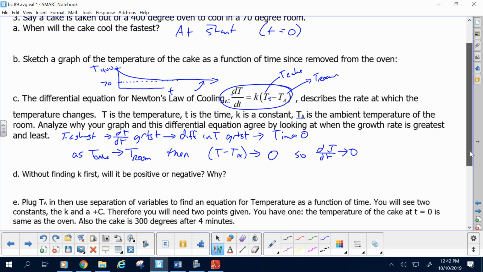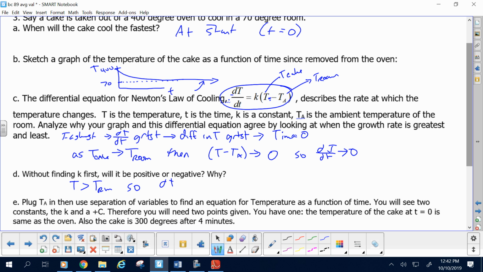All right, without finding k first, will it be positive or negative? Negative. Why? Because it's exponential decay, so it's decreasing. So the derivative should be negative. How do you know that's not positive? Because T, the cake, must be greater than the temperature of the room.